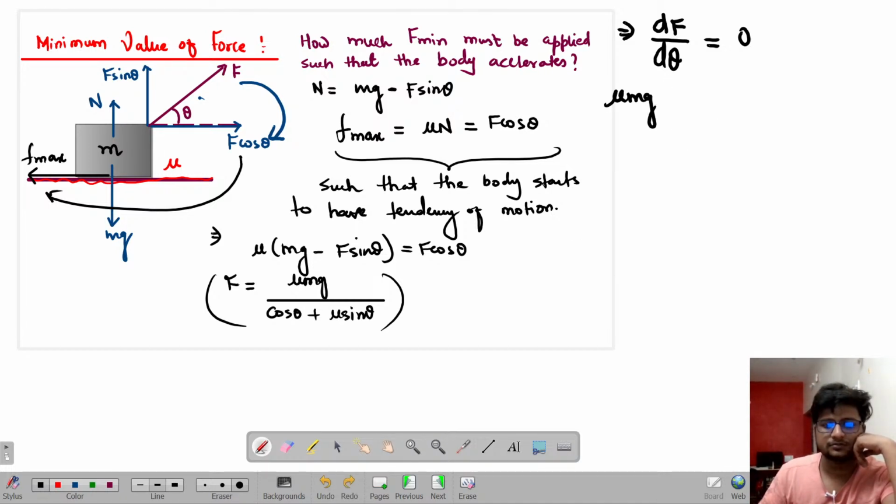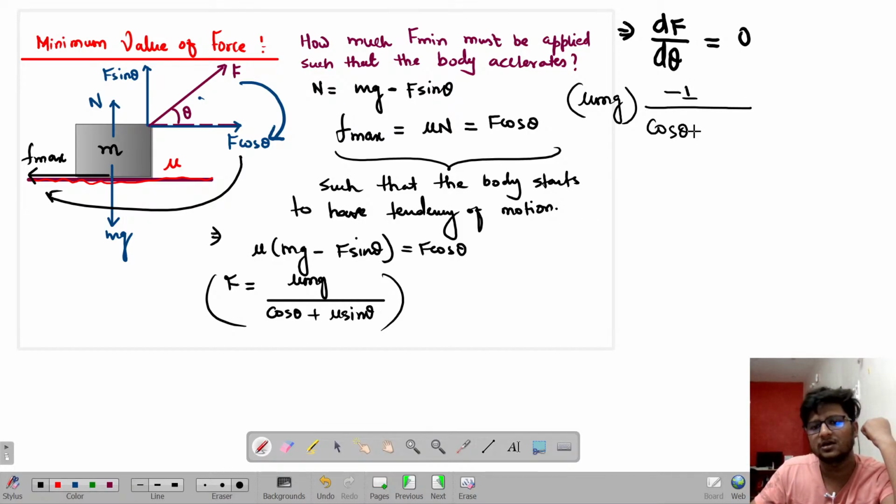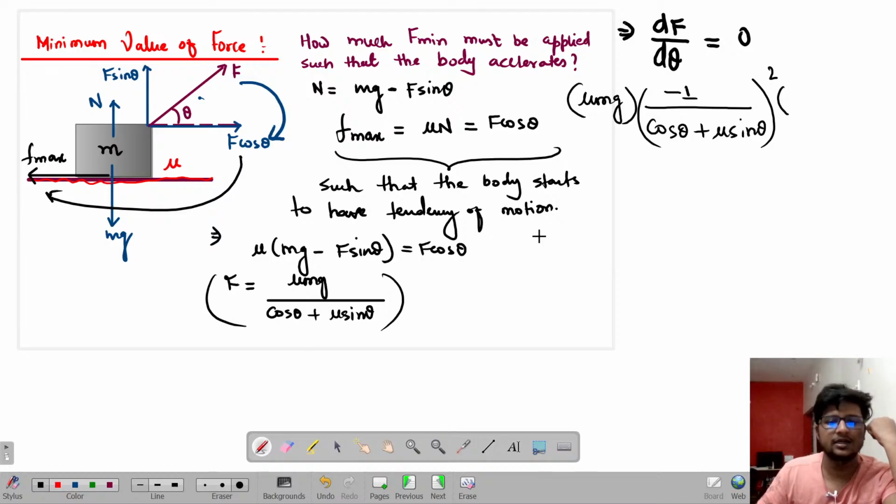And look over here, I'll change the marker. This is mu mg, and differentiation of 1 by something is minus 1 by (cos theta plus mu sin theta) whole square into internal term differentiation.